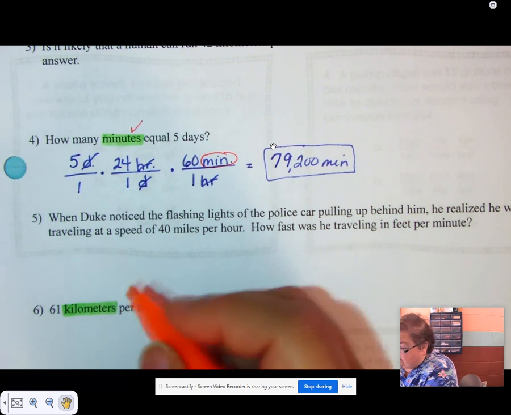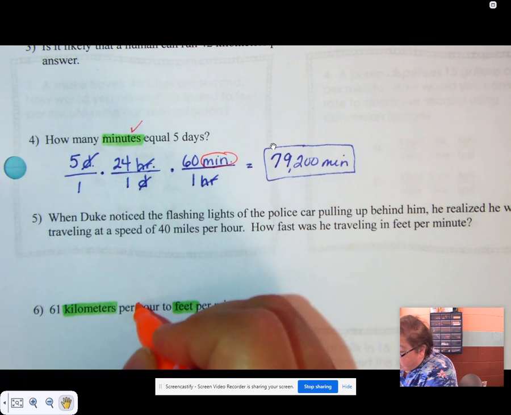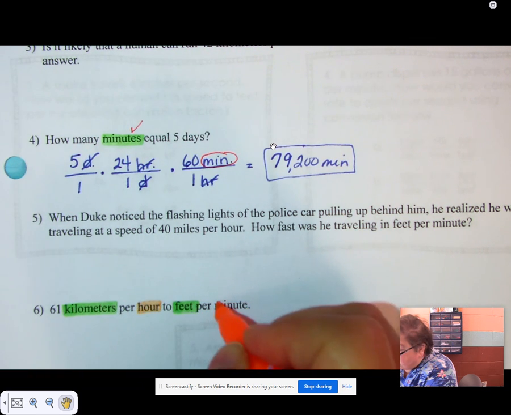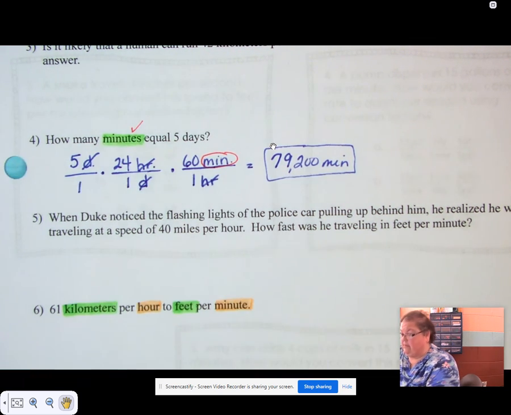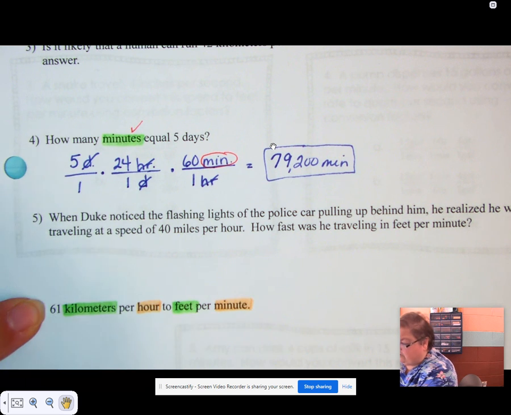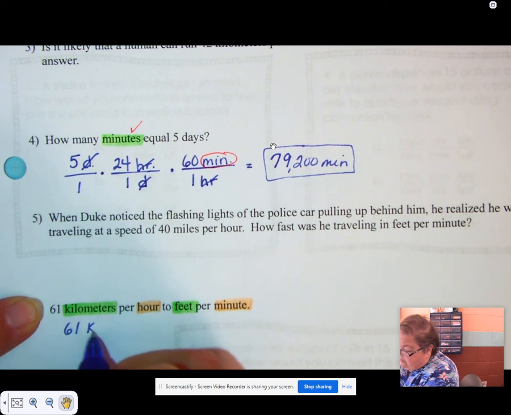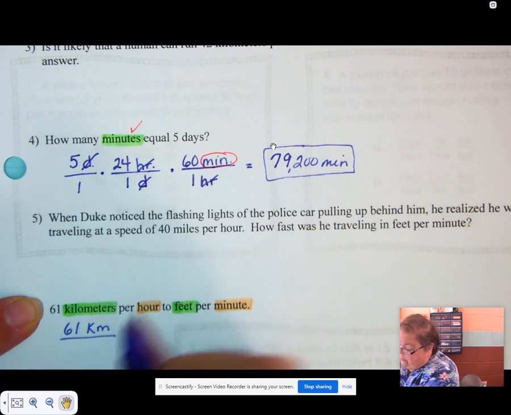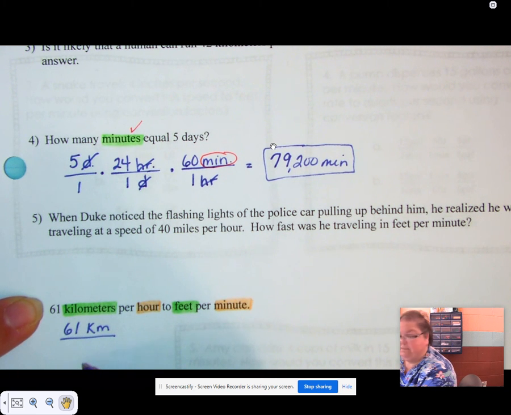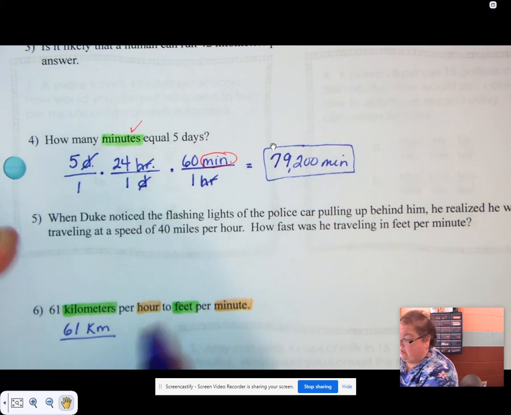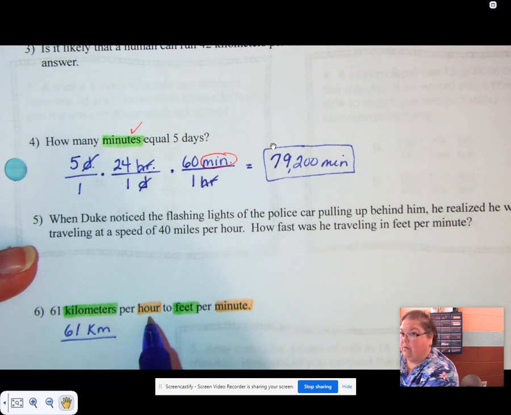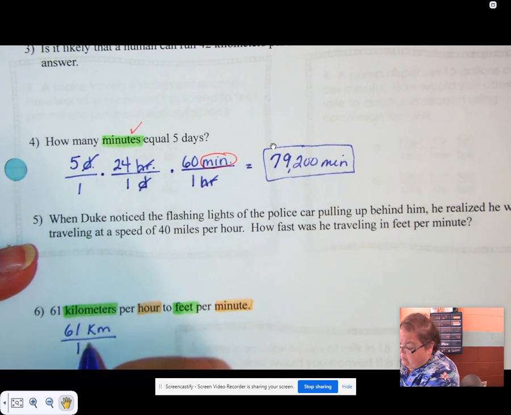Okay. Now I'm going from per hour to per minute. So now I've got a per. So what is my number? 61. 61 what? Kilometers. Over. Now is it going to be over 1? No, because I have a per. Per goes on the bottom. So per hour. So 1 hour.